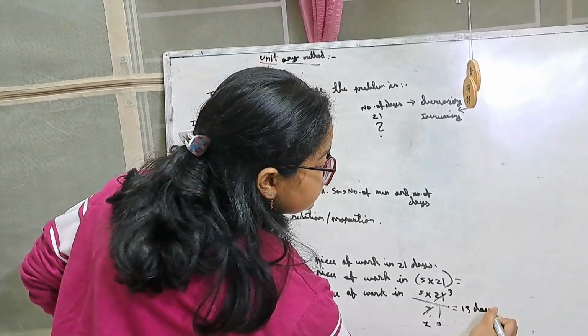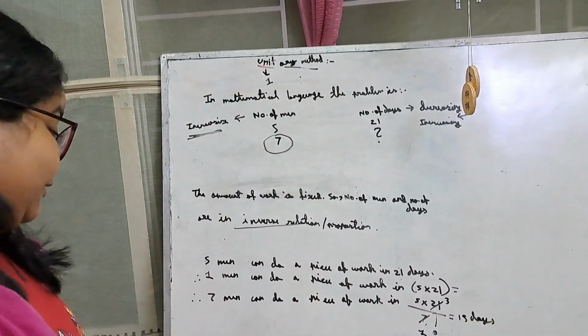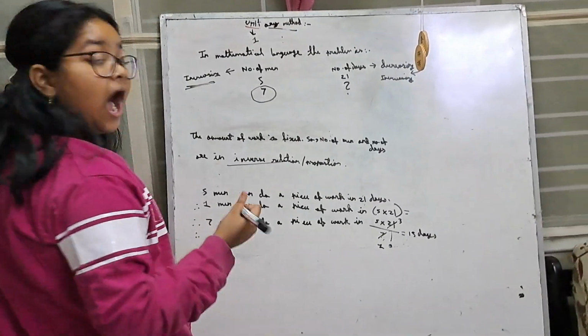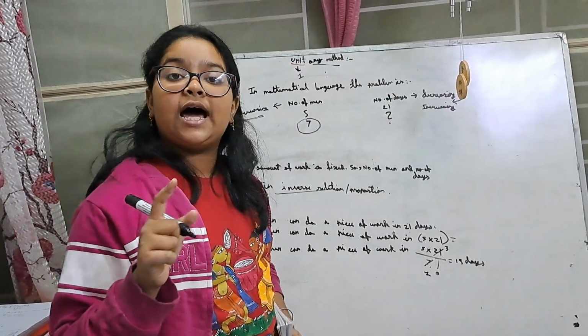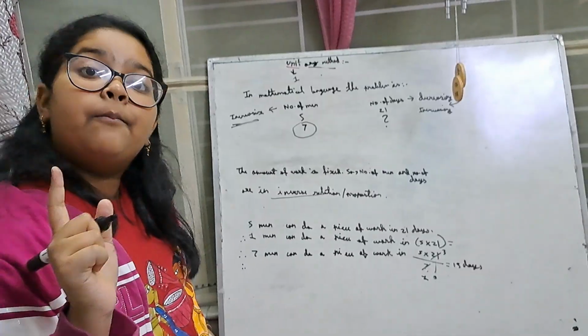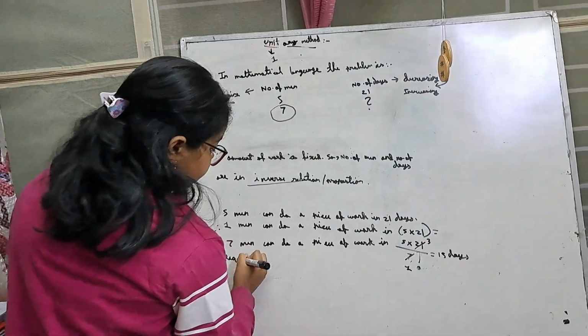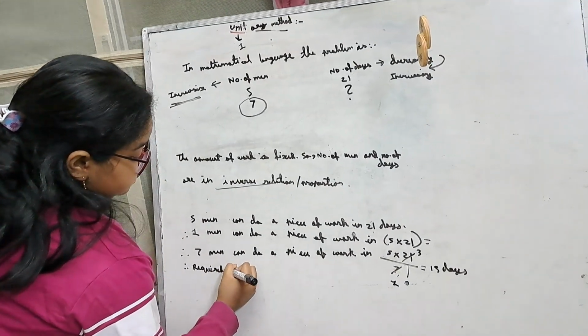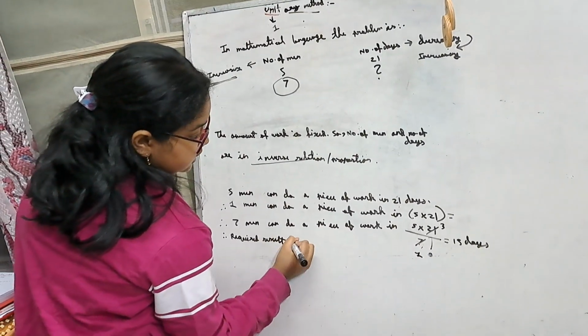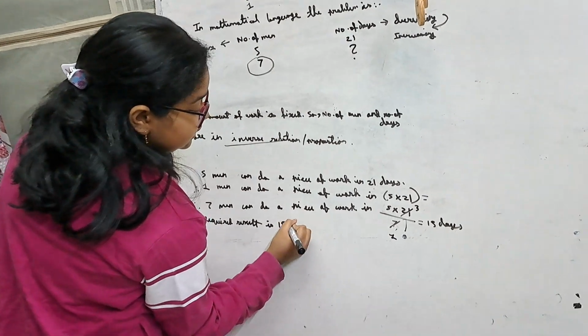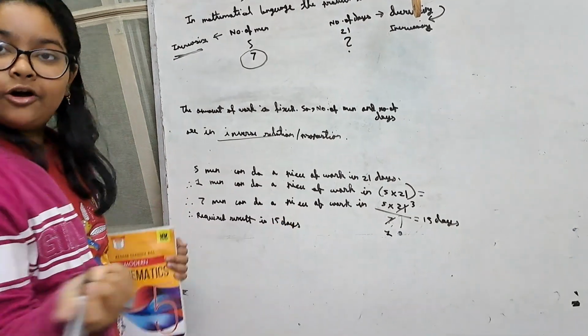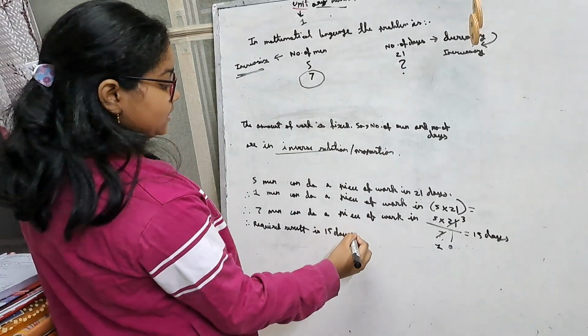So 15 days. For the answer, don't write answer equal to; write therefore required result is 15 days. So we have solved the problem.